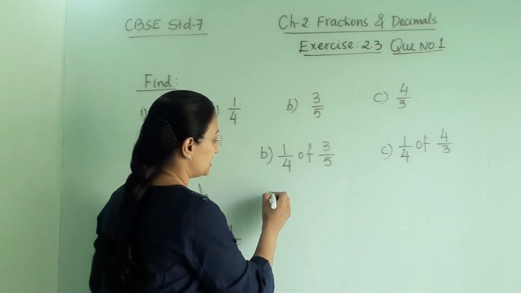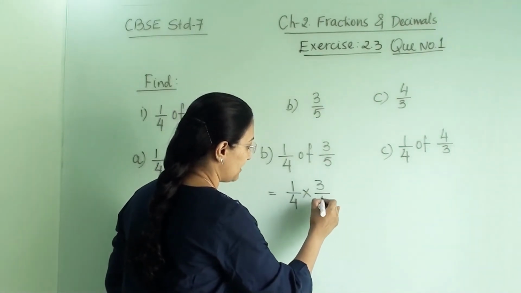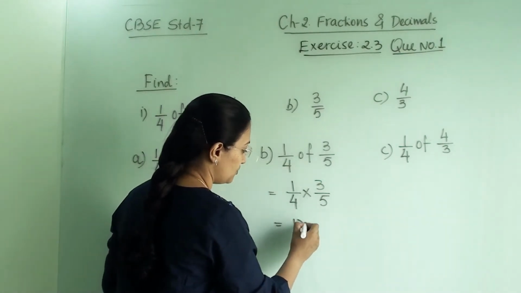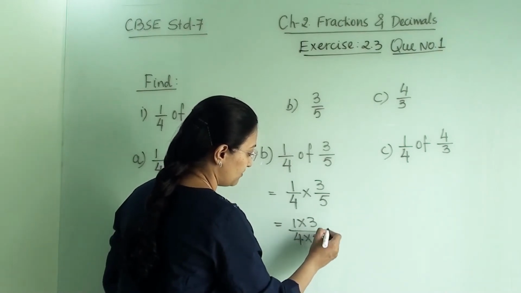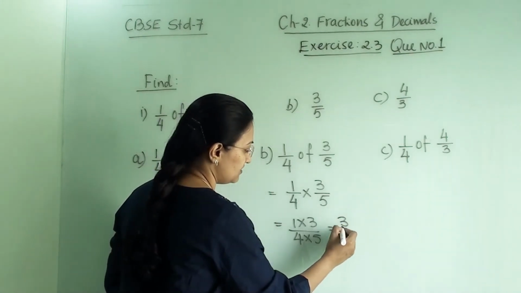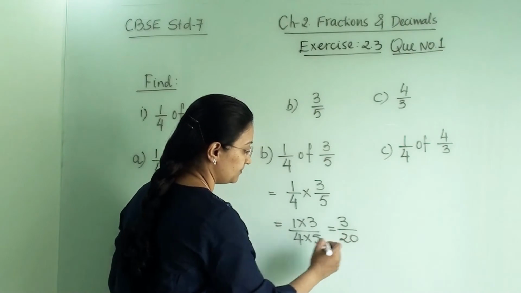Now the next numerical: 1 by 4 into 3 by 5. Let us club the numerators and denominators. So 1 into 3 divided by 4 into 5. The answer is going to be 1 into 3, 3, and 4 into 5, 20.